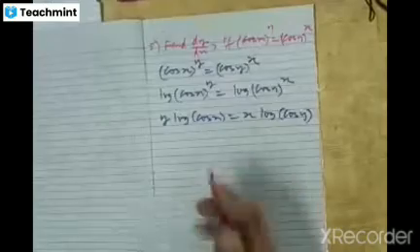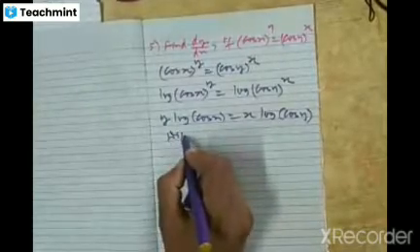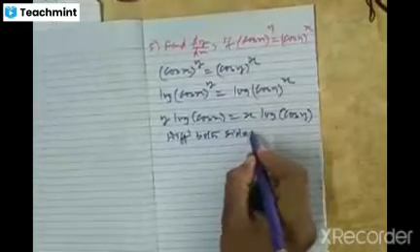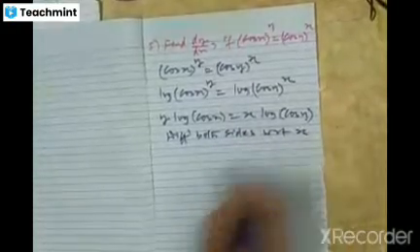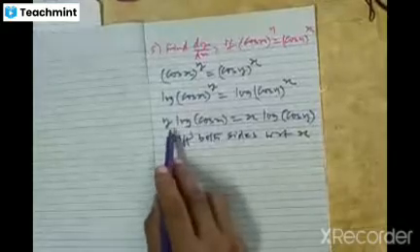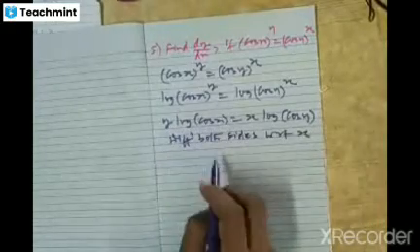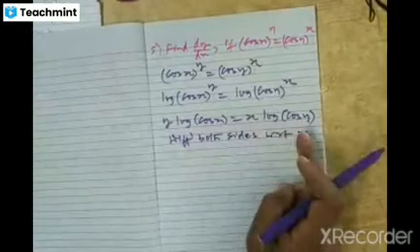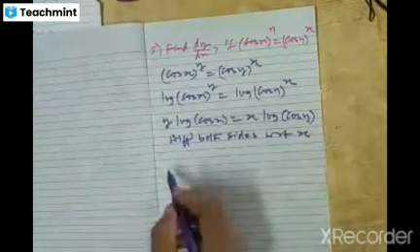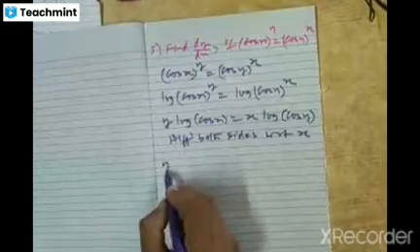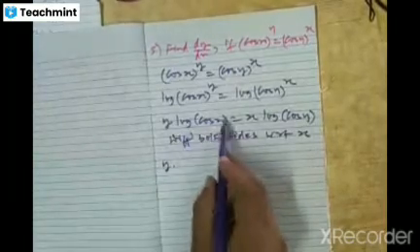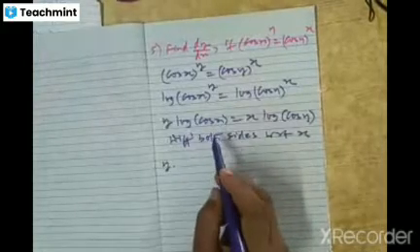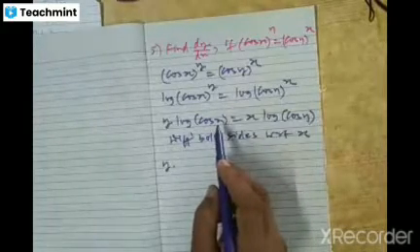Now we shall differentiate both sides with respect to x. Y into log of cos x is a product of two functions, so we have to use the product rule in the left hand side as well as in the right hand side, correct? So on the left hand side, first function y into dy by dx of log of cos x. Log of cos x is a composition of two functions, so we have to use the chain rule, correct?